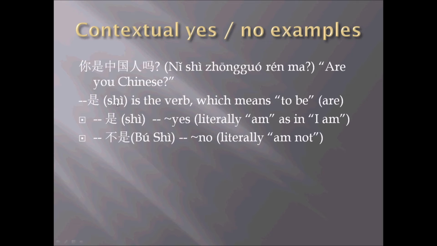If you want to answer affirmatively, your answer would be 是, just like that common translation. But in this context, it works, which literally means "am," the "am" in "I am." So when someone asks you, are you Chinese? And in Chinese to answer saying yes, you just say "am," which is 是. And the negative answer is 不是, which literally means "am not," but can be translated to no.